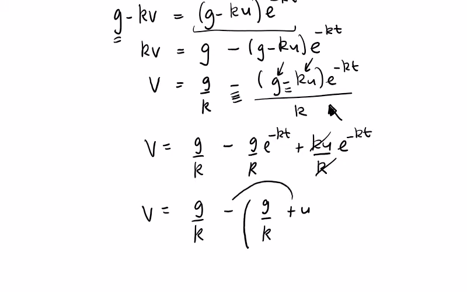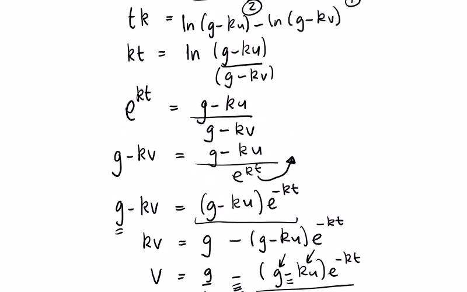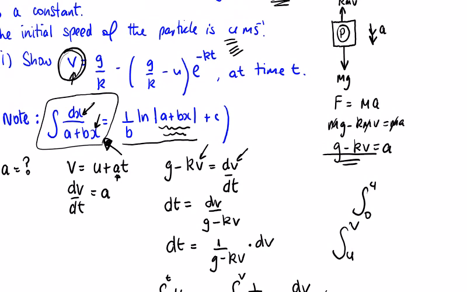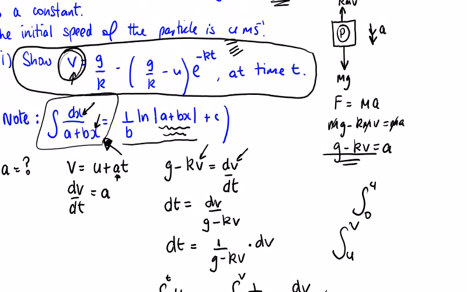A minus by a minus is going to give me a plus. So this has to be minus. Just be careful at this point with the sign. And you can see that's what they were looking for in the question, and that's going to be by e to the power of minus kt. So just check back up, and you can see that this is what they were looking for in this part of the question.